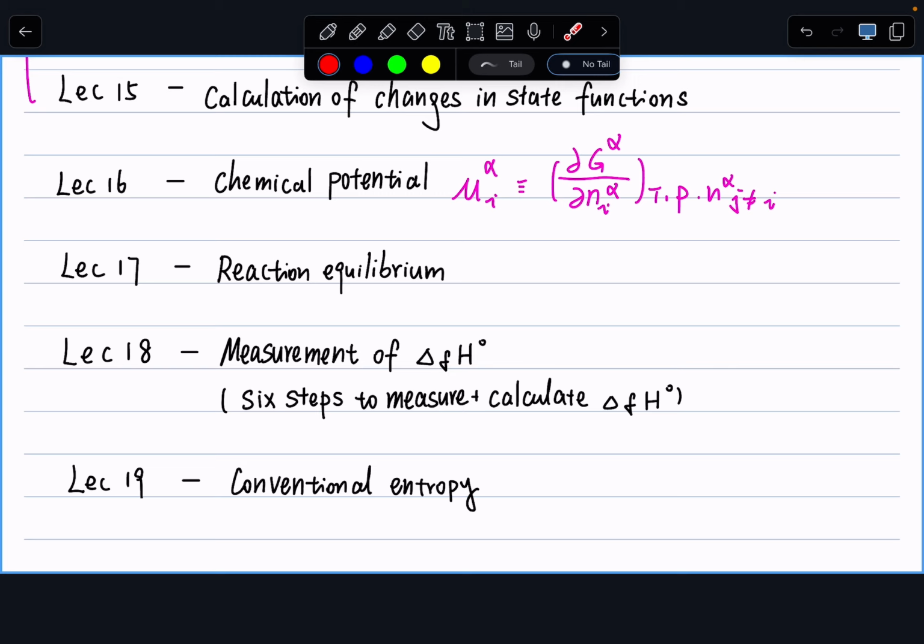And dG equals that sum of mu_i dN_i. So it's this summation that equals 0 at material equilibrium. So what if I ask you whether this statement is true at this condition?